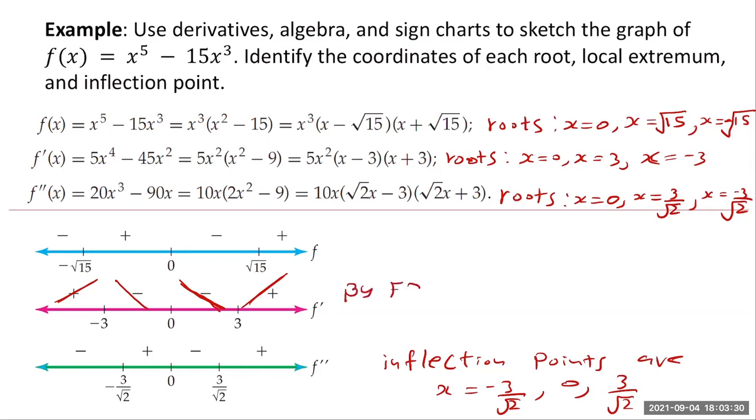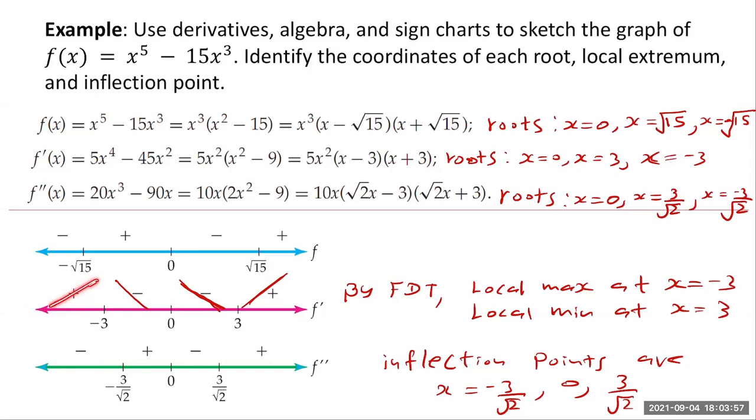By the first derivative test, local maximum at x equals -3 and local minimum at x equals +3. As you can see here, you have a local maximum because to the left of -3, your slope is positive, f prime is positive.